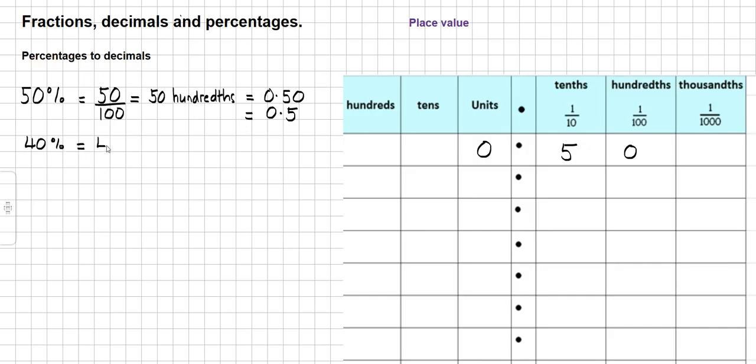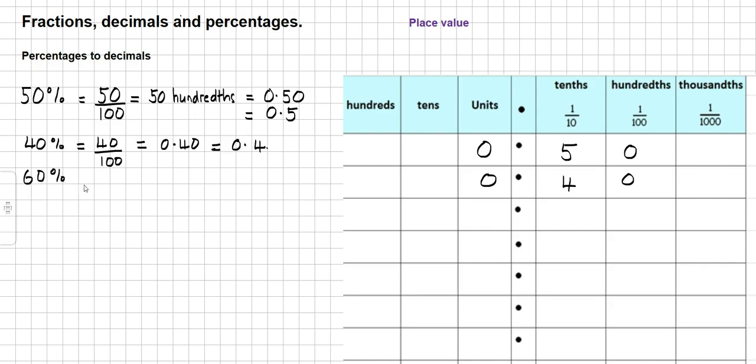Let's try a couple of others. 40%, well, we know that's 40 over 100, so we can write it as hundredths by putting 0.40. And then, because again we don't need to show that 0, we can simplify to 0.4.